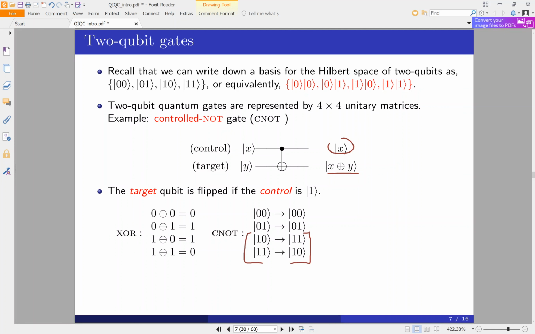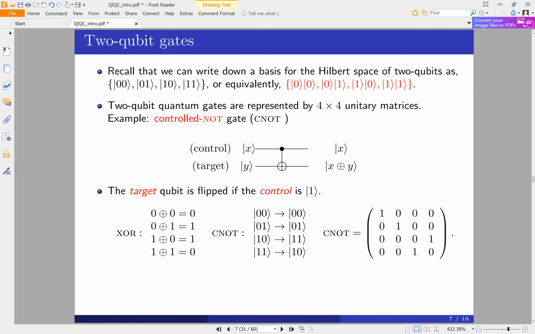One can also write down a matrix representation for this because I started by saying that this kind of an operation is realized using a 4 by 4 unitary matrix. Remember, these are basis vectors for me. So in this basis, what does the controlled NOT operation look like? Well, it looks like this kind of a 4 by 4 matrix. Remember that for the first two basis states, 0, 0 and 0, 1, nothing happens to either qubit, right?